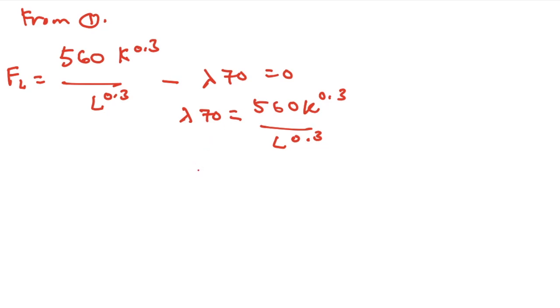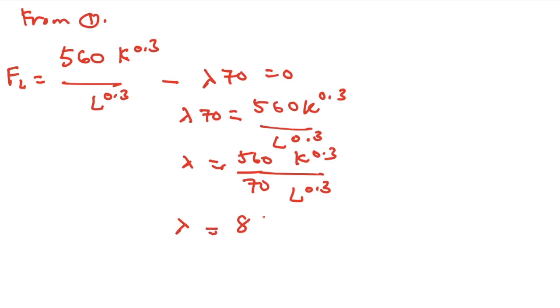And now, lambda is equivalent to 560 over 70, cross multiply K^0.3 L^0.3. And then finally lambda is equivalent to 8 L^0.3 over... wait a minute, because there's a mistake there.